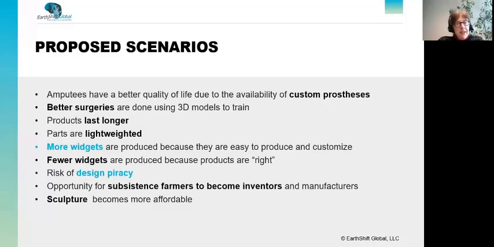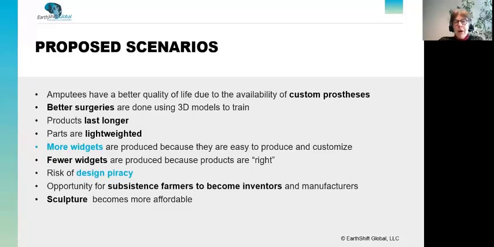We looked at the risk that there's design piracy, that people are able to scan a product and make it and not have to buy it from the manufacturer. We looked at what if subsistence farmers in Nicaragua could become inventors and manufacturers, right? Isn't that cool? This technology really does allow that, which is pretty neat.